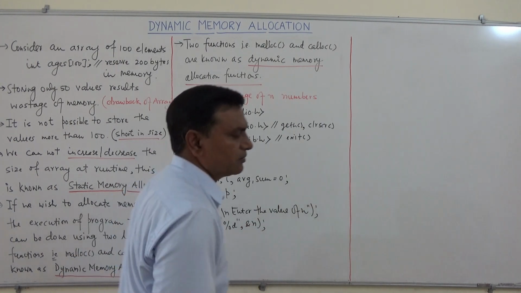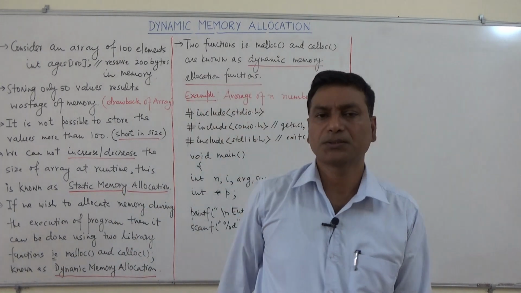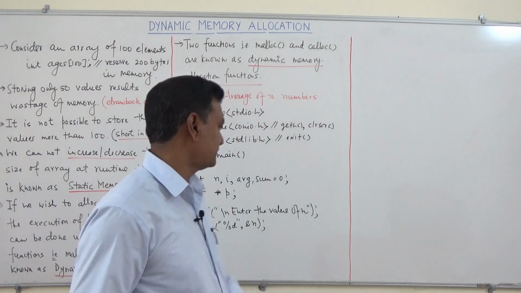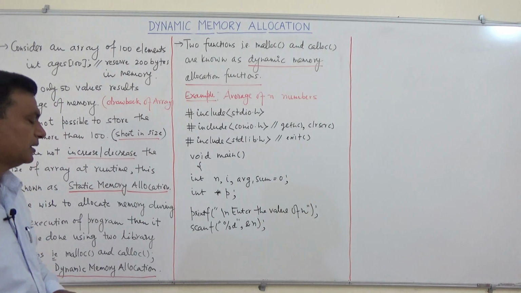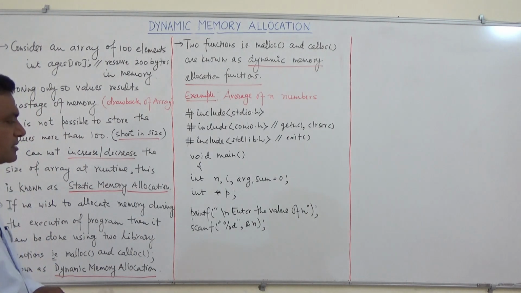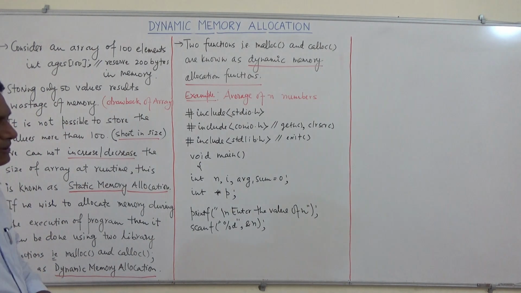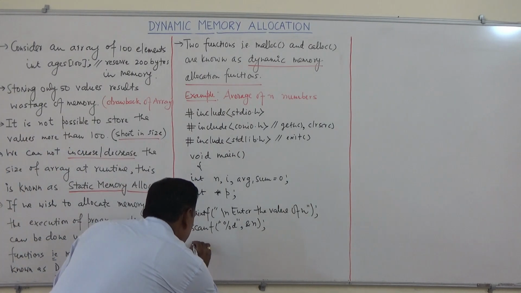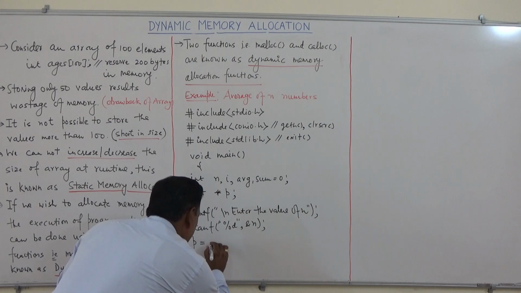We can enter the value of n from the keyboard, so we can use these two functions, printf and scanf. Now the next step, which is very important, we will allocate the memory to this P.